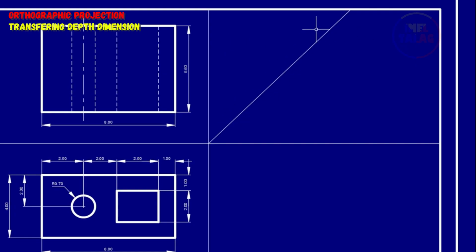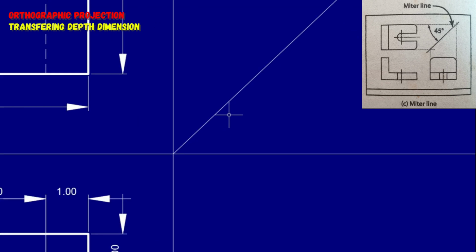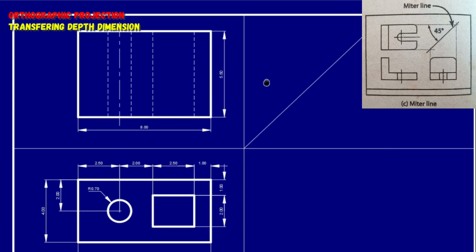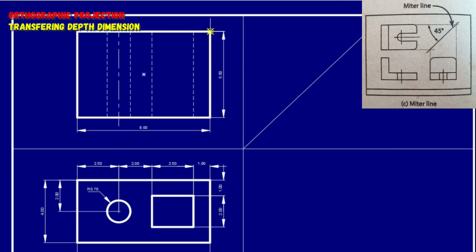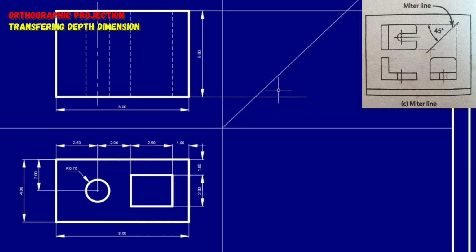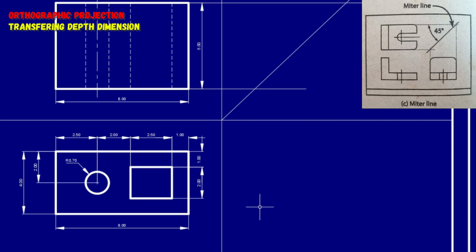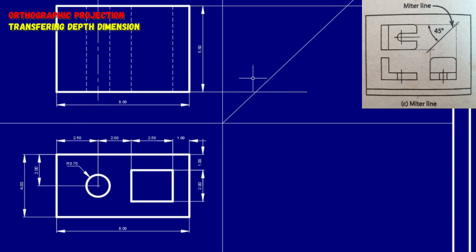So yan, gagamit tayo ng line na to, itong 45 degrees miter line. Naka 45 siya dito, okay, sa magkabilang side. And then what we will do, we will just project the depth from the top view if the given is top view. Okay, and if the given is right side view, syempre mauna natin i-project yung depth na right side view going to the top view naman, or vice versa.